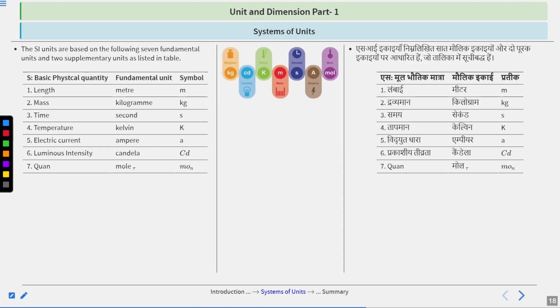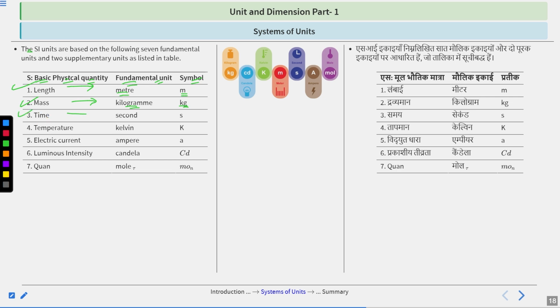Now, the SI units are based on the following 7 fundamental units and 2 supplementary units, which are listed in this table. If we look at this, first is the basic physical quantity or the fundamental quantities, then fundamental units and their symbols. Length, meter, symbol is small m. Mass, kilogram, symbol is small kg.